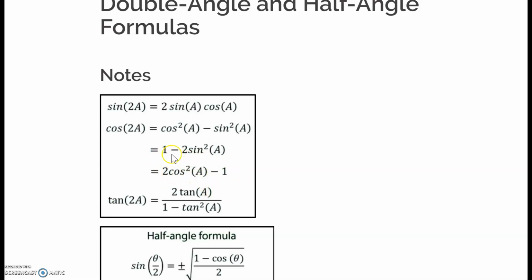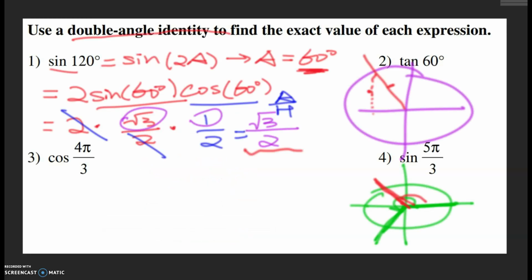It doesn't matter which one you choose, and since I don't want to find cosine and sine together, I just want one of them, I'll use 2 cosine square of the angle, which in this case is 2 pi over 3, minus 1, because I just divided this angle by 2.